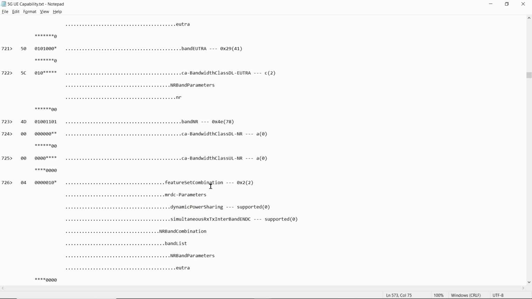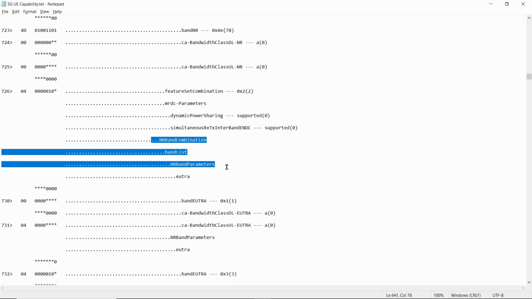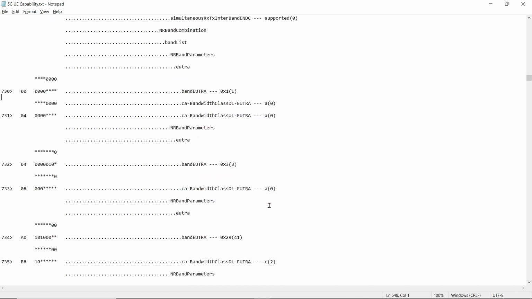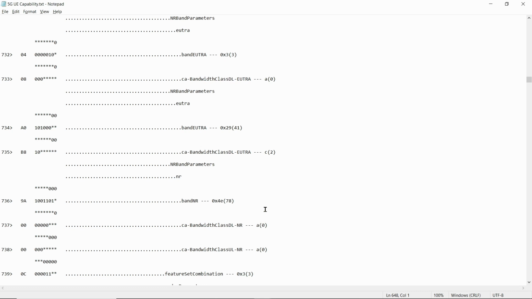Okay, go down. Here, for example, this one in the NR band combination, again, band 1A, band 3A, and band 41C, and yeah, A, C, and N78A again.